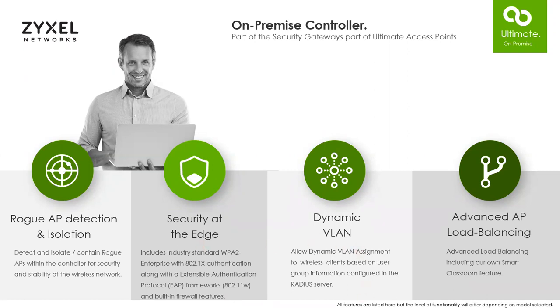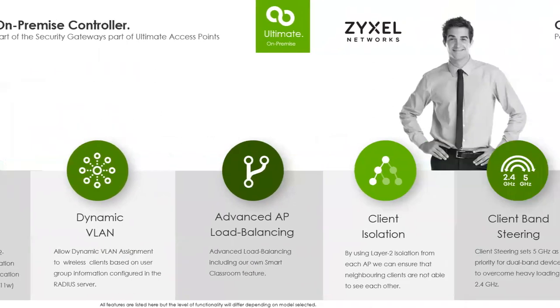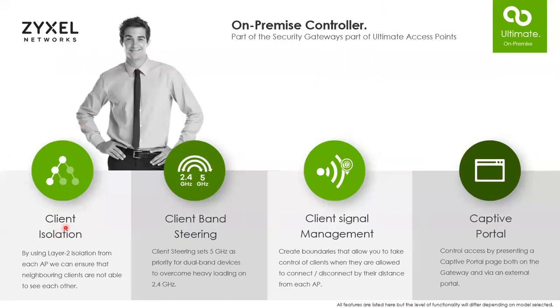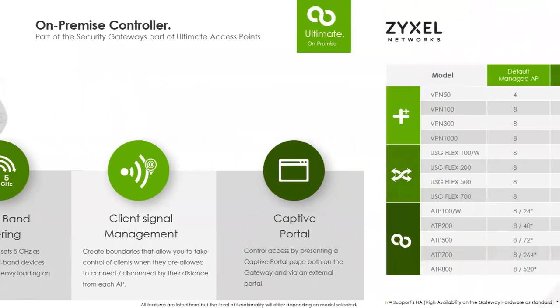We support dynamic VLAN, AP load balancing, client isolation, so users can't send data to each other, really handy for guest networks, band steering, captive portal, all the stuff you would expect to find in an on-premise controller. And for the most part, the same features you would find in the cloud.